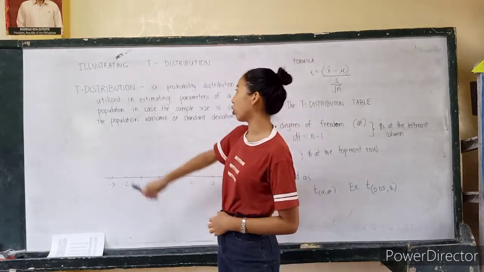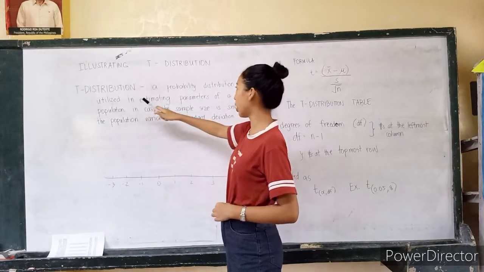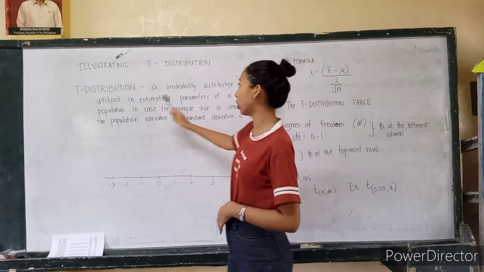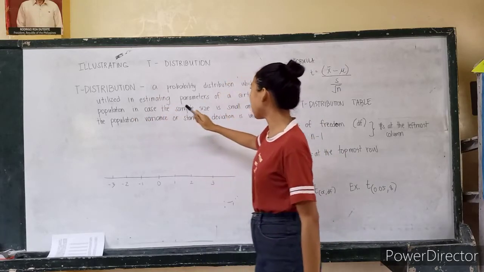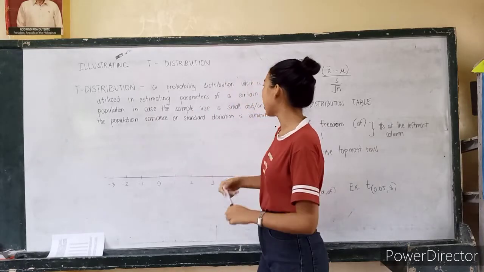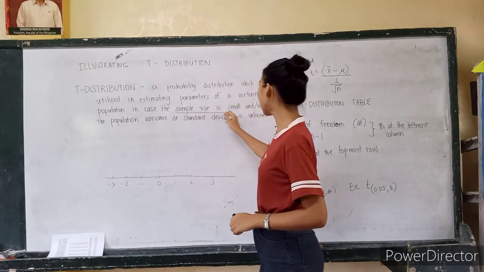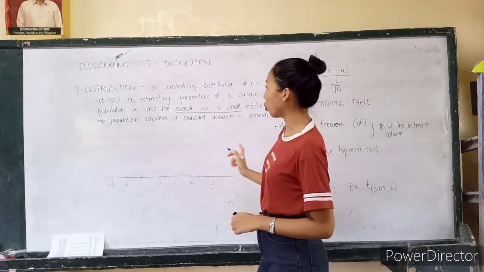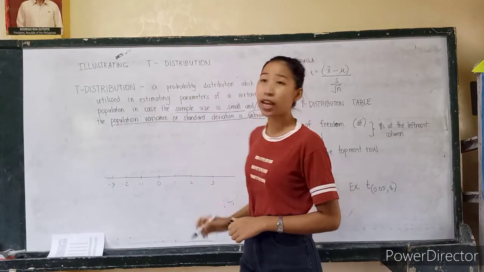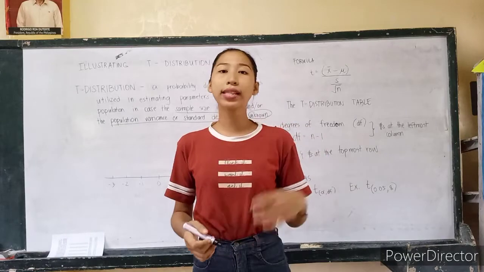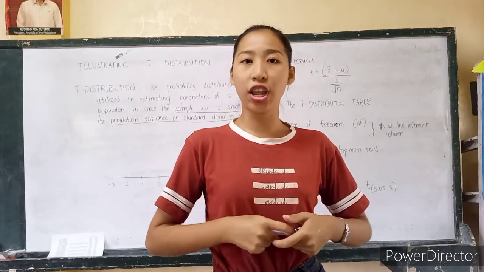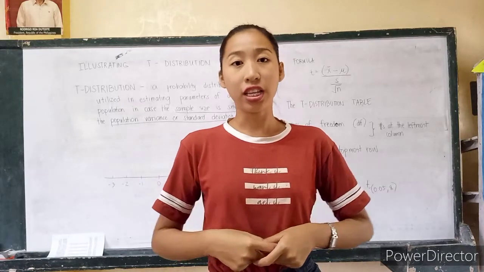The t distribution, per definition, is a probability distribution which is utilized in estimating parameters of a certain population in case the sample size is small and/or the population variance or standard deviation is unknown. So last time with the z distribution, our variance or our standard deviation was known.